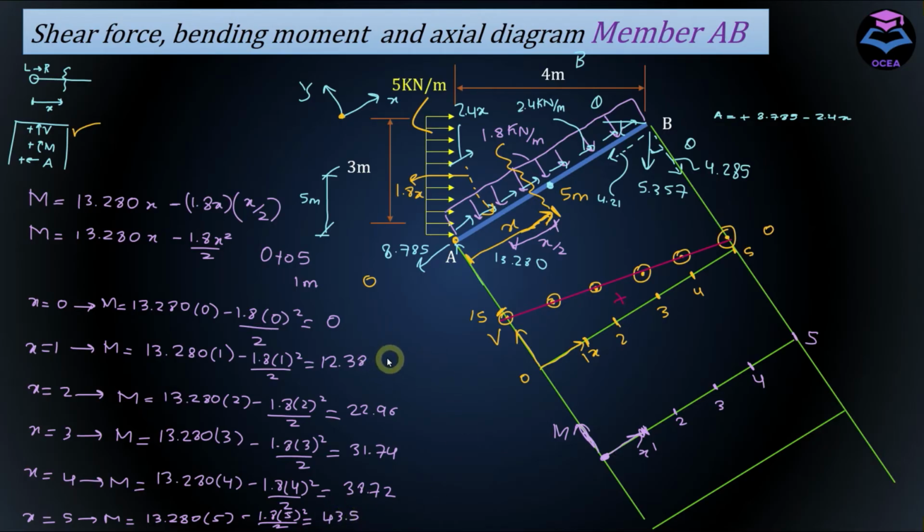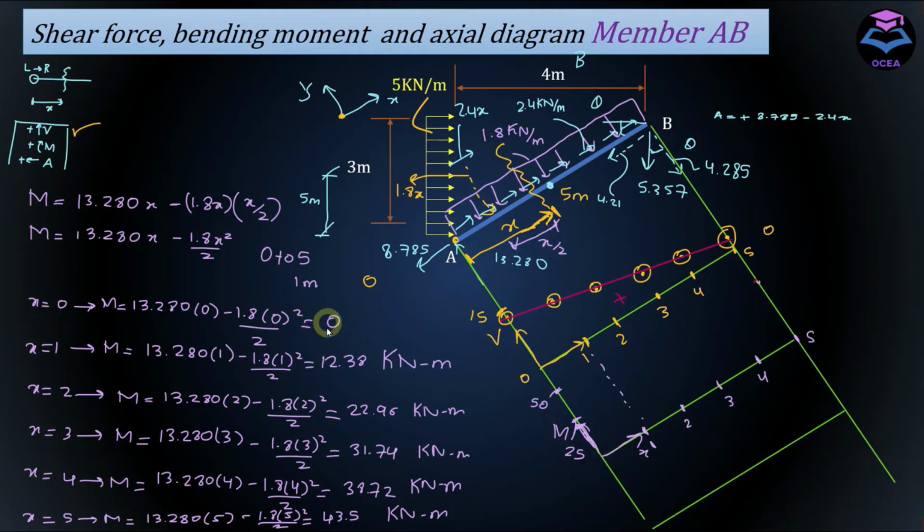And the unit of the bending moment for this question is kilonewton-meter. The highest value of moment is equal to 43.5, and according to this let's take 50 somewhere here. So it means that 25 will be here.